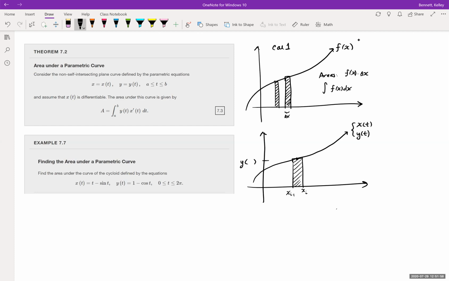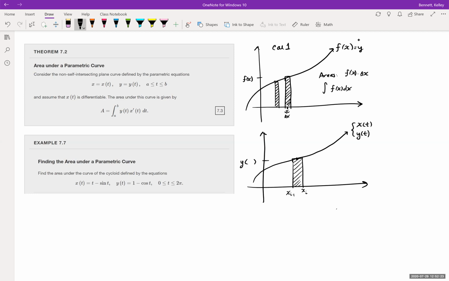Is it x? No, this is actually not x in here. So remember, y equals f of x in this situation. So this is f of x, and this is x here.